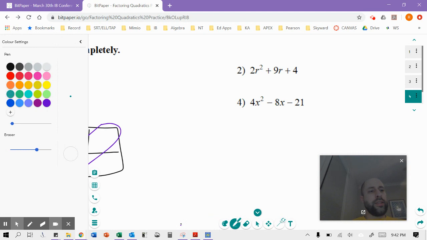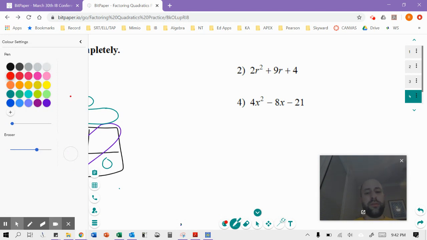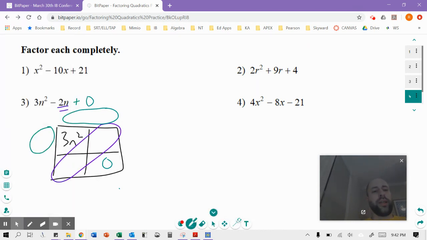So in this case, it's just plus 0. So really what we're looking at here is something that is a monomial times a binomial. So if I start, really I need to start here and say, okay, well, can I take what multiplies to 3n squared?